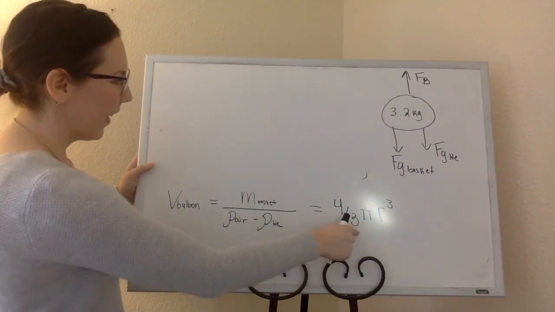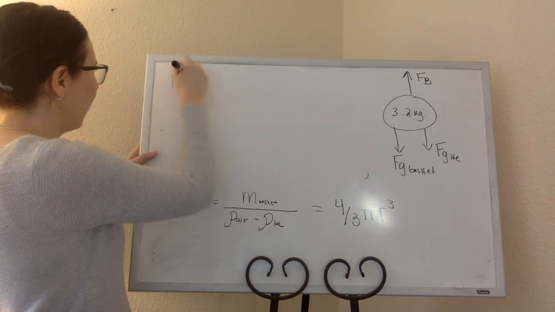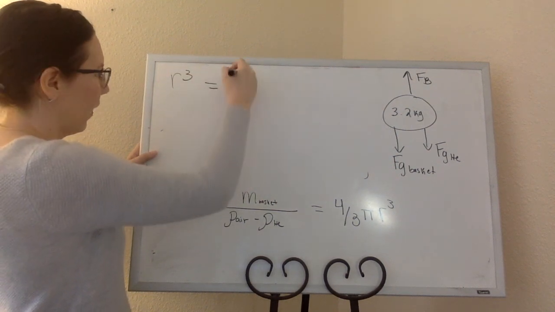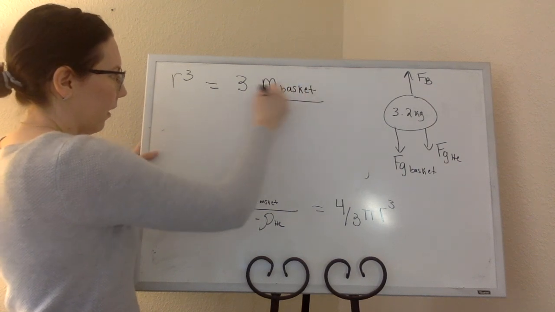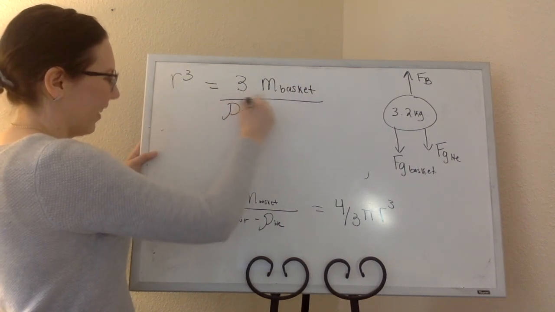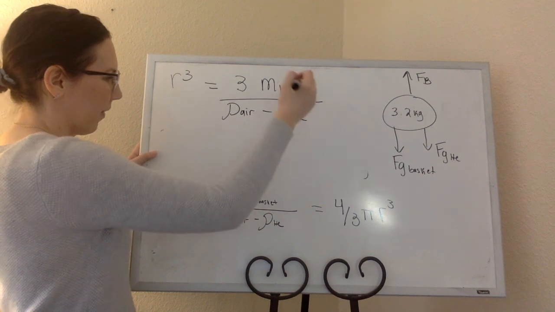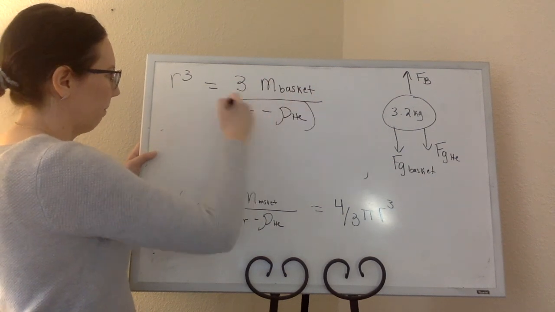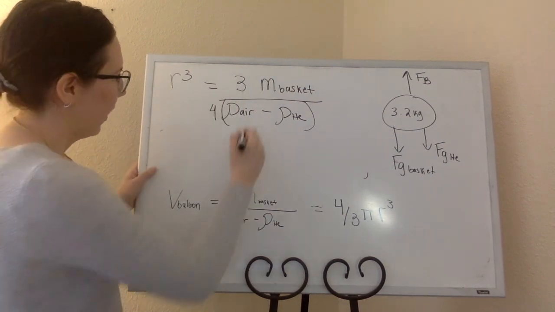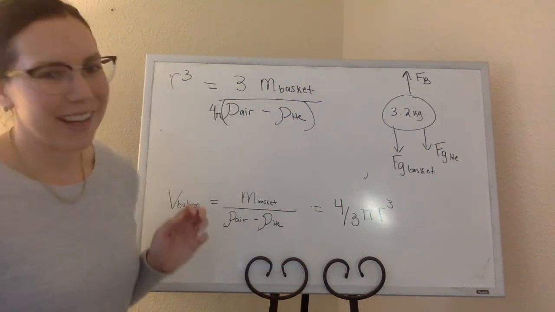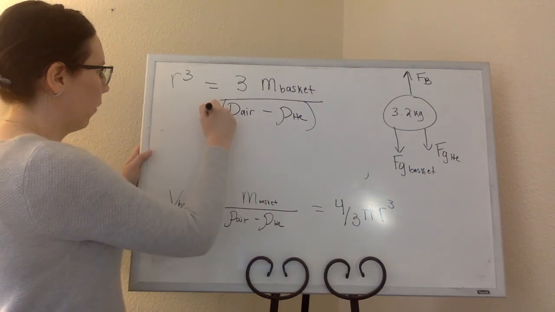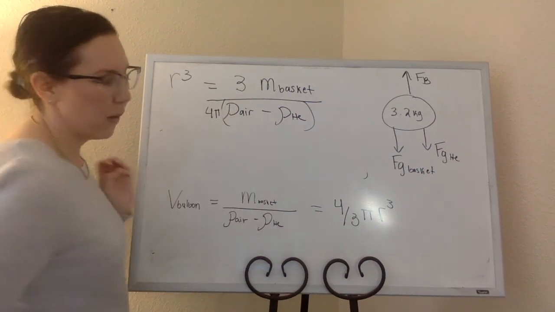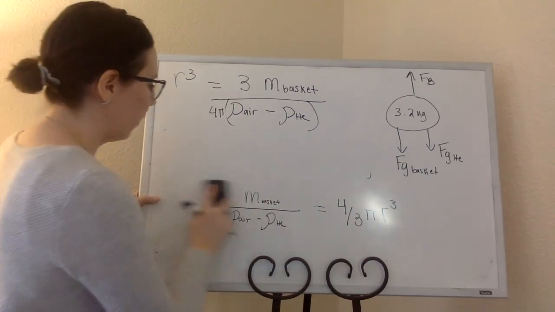All right, so here I get r cubed equals 3 m basket over rho air minus rho helium times 4 pi. Okay, so I'll write that more clearly. So then I'm going to take the cube root.